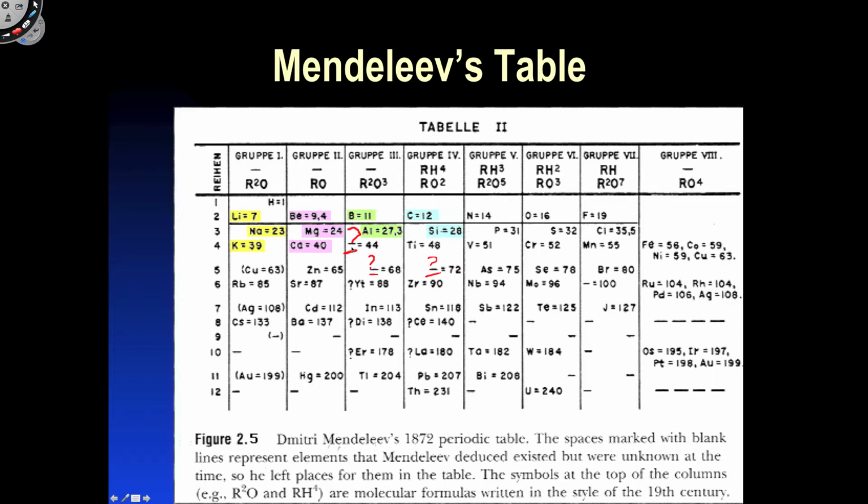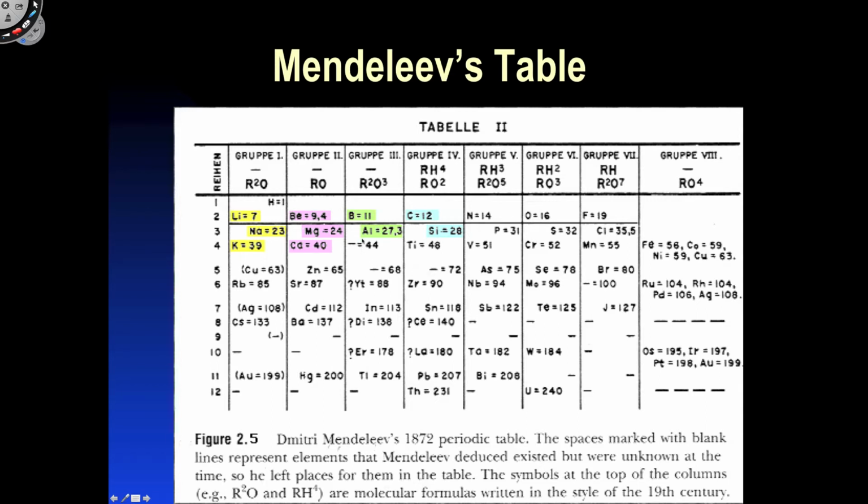So he's really going out on a limb in the scientific community. And a few years later, scandium, germanium, gallium were discovered, and sure enough, they fit in these open slots. And that's what made him famous, the fact that he used his idea of periodicity to predict elements that had not been discovered. So that's really put his name on the map.